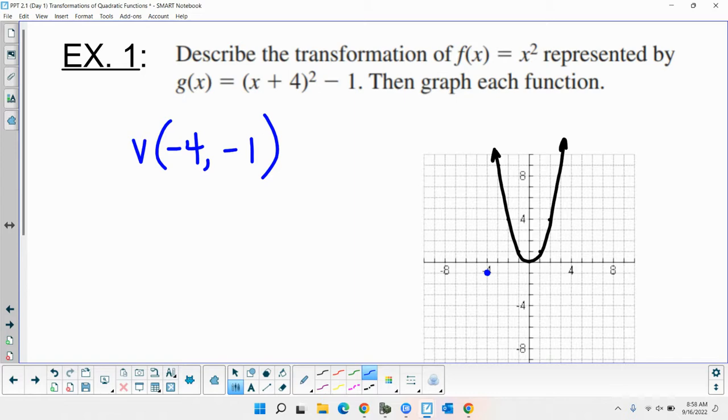So (1, 1) I plotted, so go left 4, 1, 2, 3, 4, and down 1. (-1, 1) I plotted, so go left 4 and down 1. Or you guys know it's always up 1 and over 1 if you want. You know it's going to go right 2, and then when you square 2, you get 4, so you go up 1, 2, 3, 4. But if I use that point, I can go left 4, down 1, right? Again, over 2, up 1, 2, 3, 4. All right? So it looks like this.